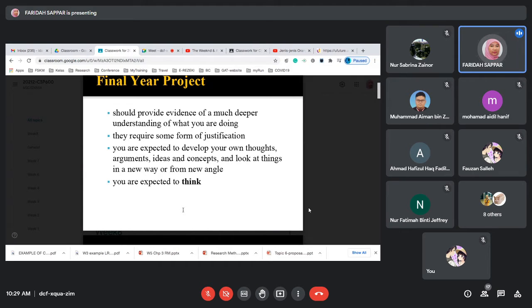So basically by doing your research methodology, you will be able to see and understand what you are going to do next semester. Right now you are not sure, but you will know there is evidence saying that the project you want to do is doable because many others have done it. Or it can be that when you discover the research methodology, you say I cannot do this, I don't know how to do it, or I don't have the knowledge to do this. So if you don't have the knowledge, you have to study.